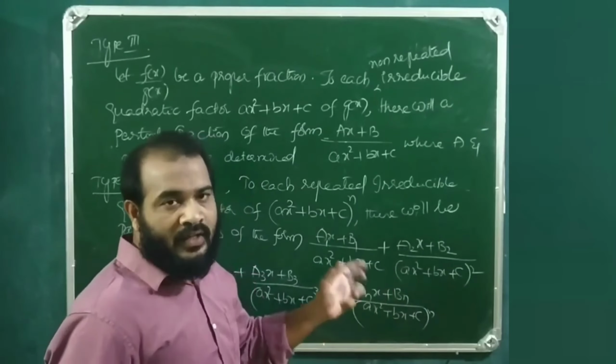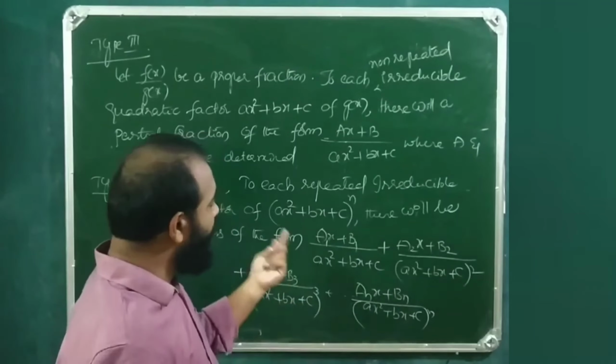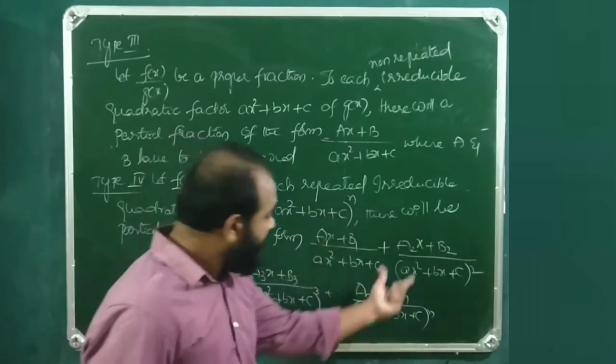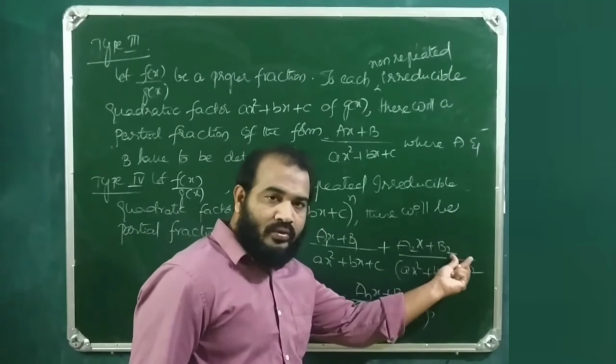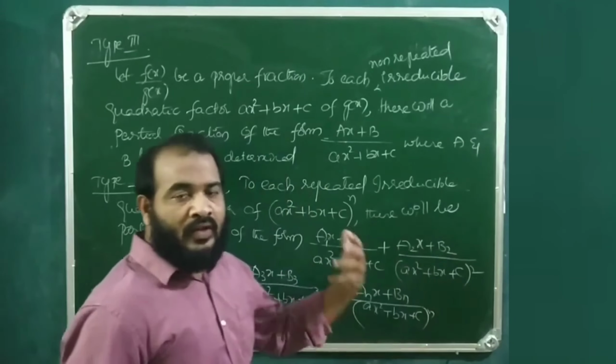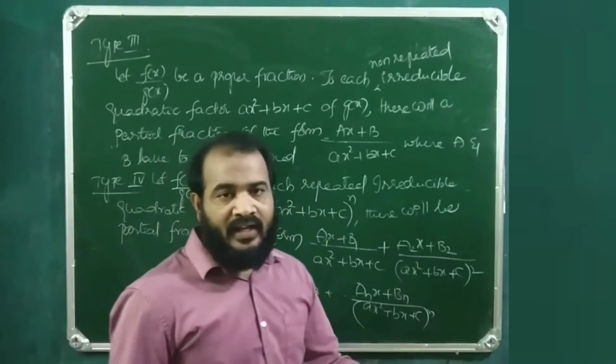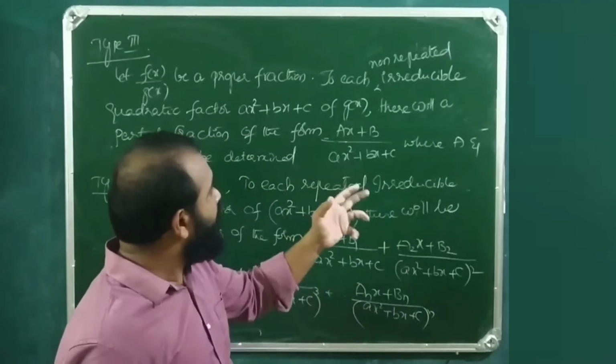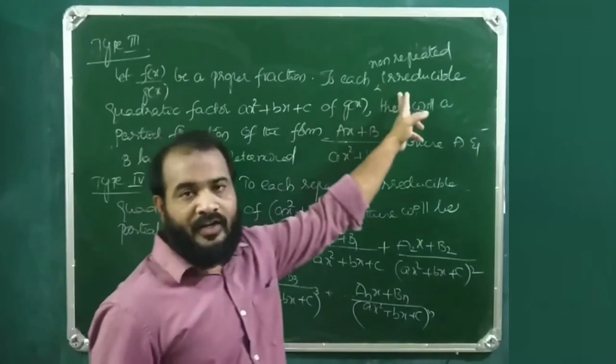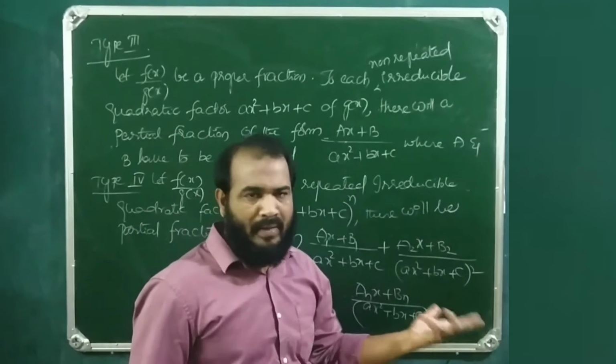But as far as the problems are concerned, we will be taking ax plus b instead of a2x plus b2, because the question will be giving a finite number of repeated linear factors, whole square, whole cube, maximum whole cube.